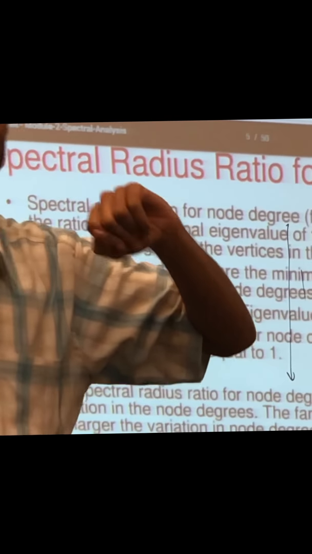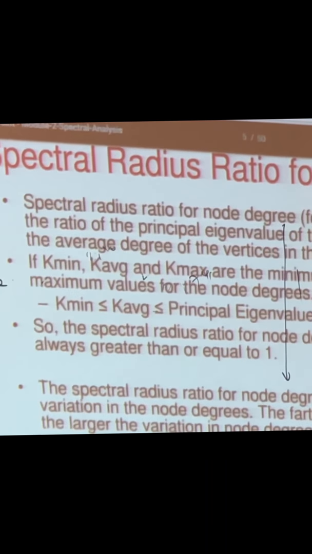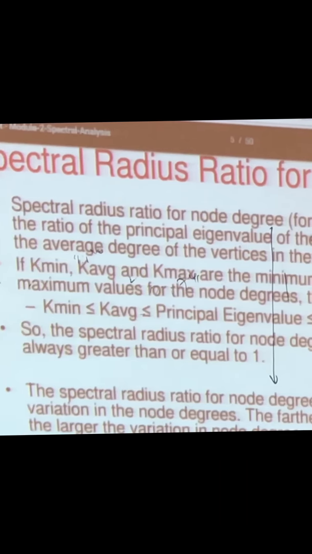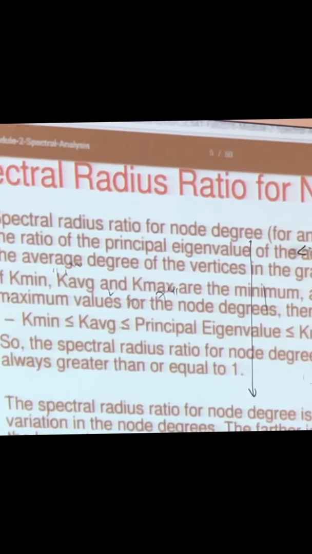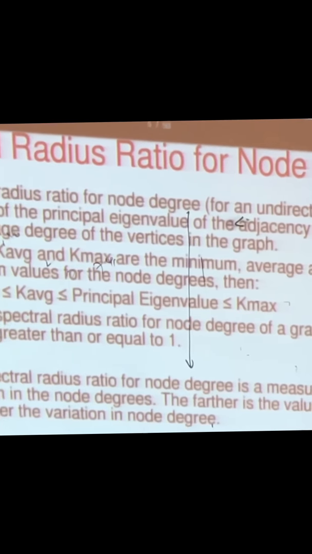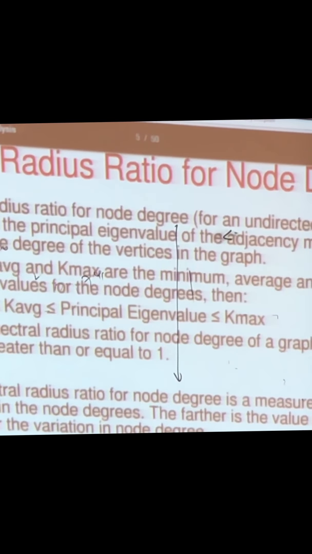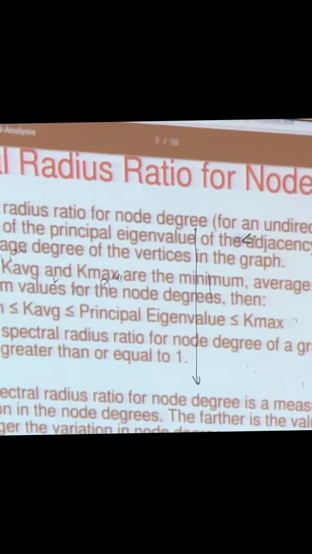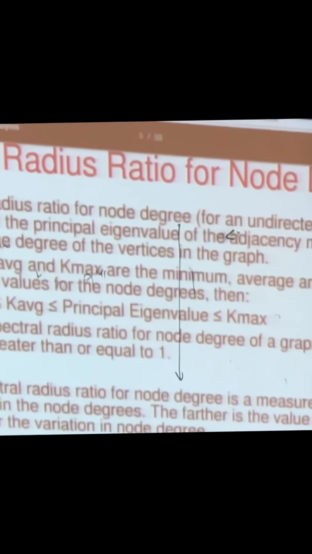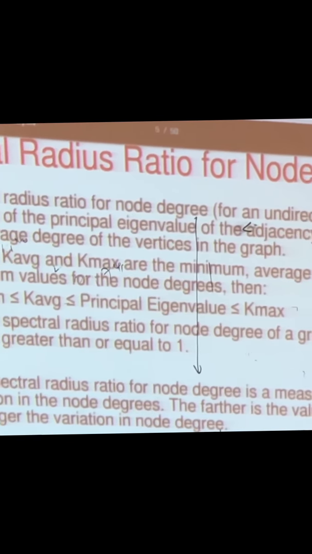Now, what is the other statistical measure you would use to find the variation, like how the numbers are different from each other? You have the degrees of the vertices, and you want to see how varying they are. You would use standard deviation.